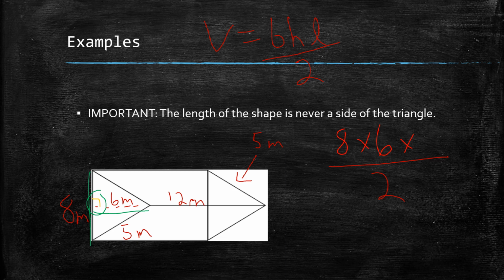Do you remember the length? I'm going to highlight it just so that we see it again. The length of the shape is never a side of the triangle. If I look at my triangle here, the 5 is a part of it. That can't be it. We've already used the 6.